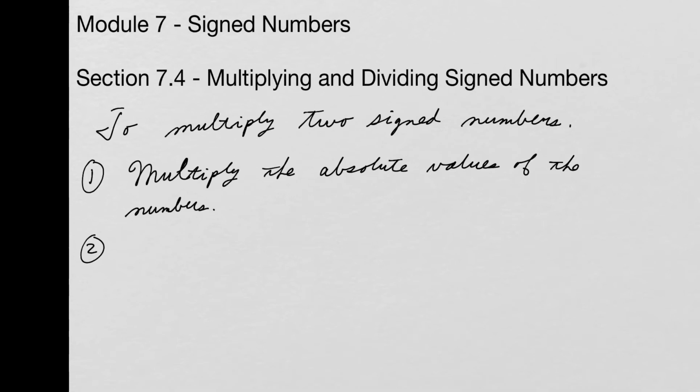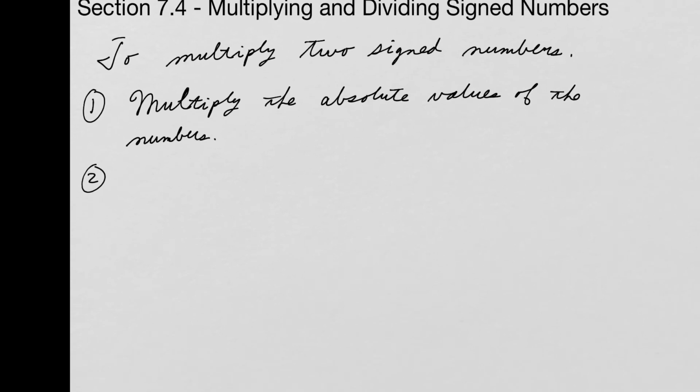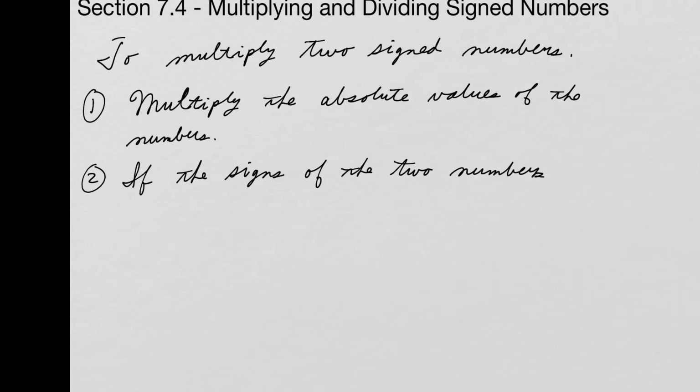Okay, then to figure out the sign of the answer, of the product, if the signs of the two factors are the same, the product is positive. So if the signs of the two numbers are the same, then the product, which is the answer to the multiplication, is positive.